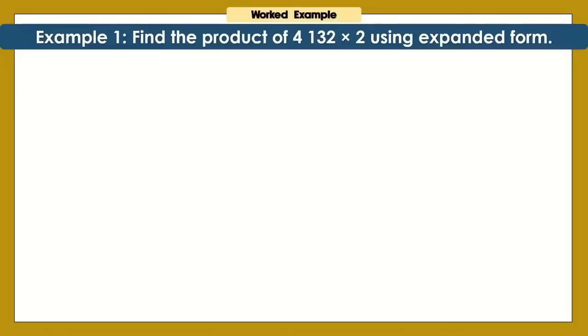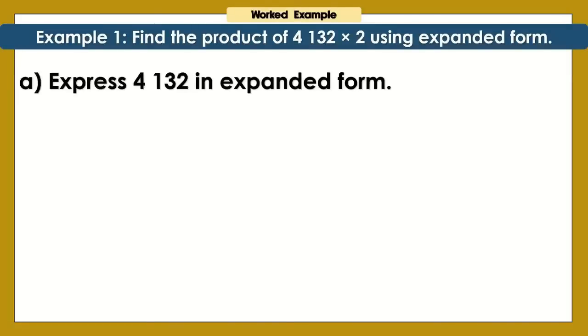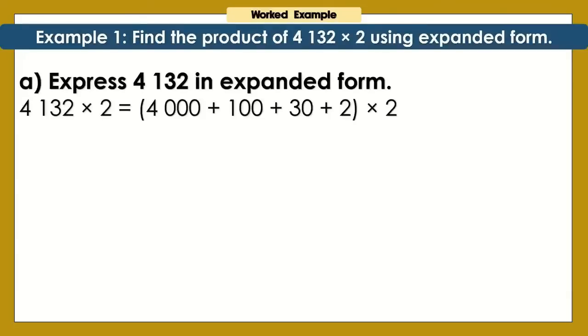For the work example, example 1. Find the product of 4,132 times 2 using expanded form. Express 4,132 in expanded form. 4,132 times 2 equals (4,000 plus 100 plus 30 plus 2) times 2.